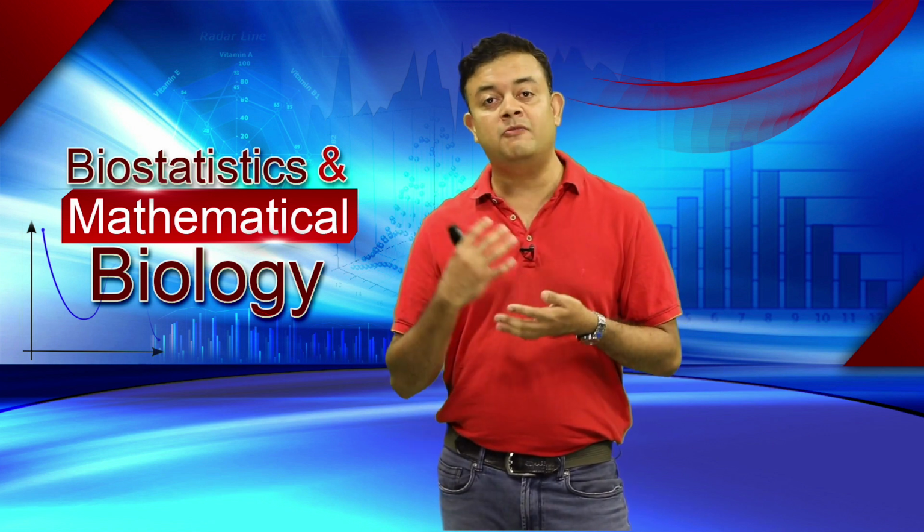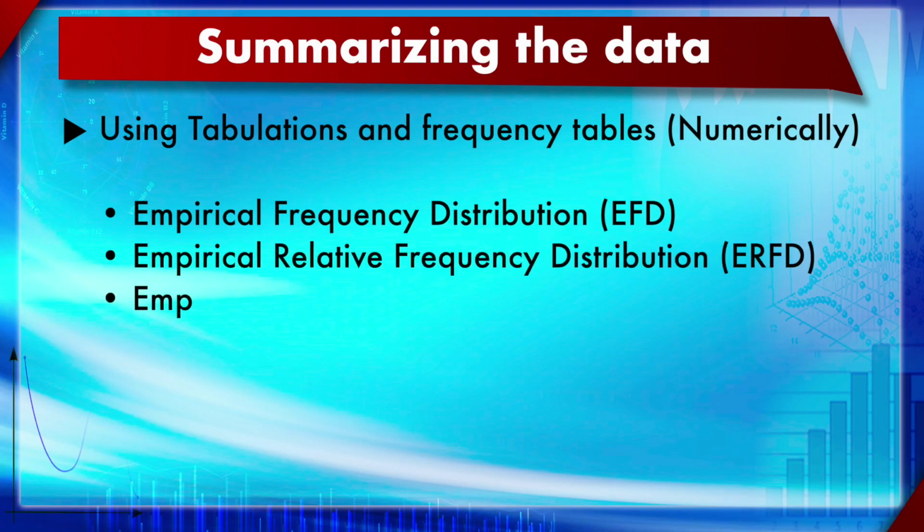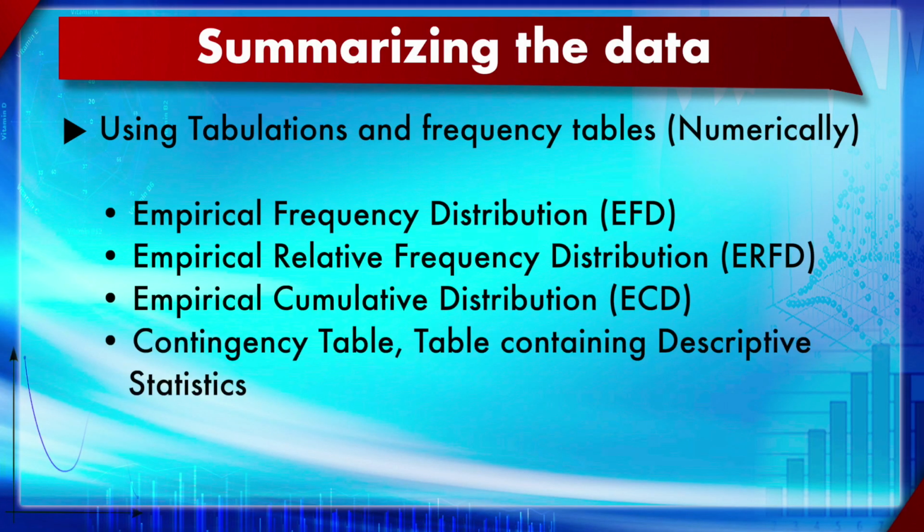So, there are two main methods for summarizing the data. The first method involves tabulations or the frequency table, where you can summarize the data numerically. For example, empirical frequency distribution, or EFD, or empirical relative frequency distribution, or ERFD, or empirical cumulative frequency distribution, that is ECD, or you can also do a contingency table, or a table containing descriptive statistics.